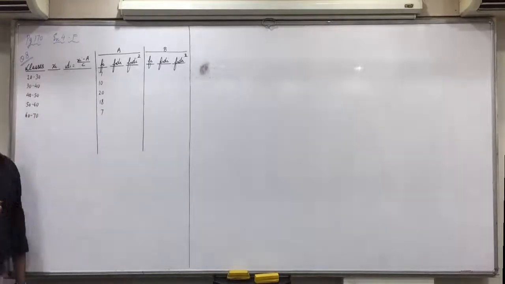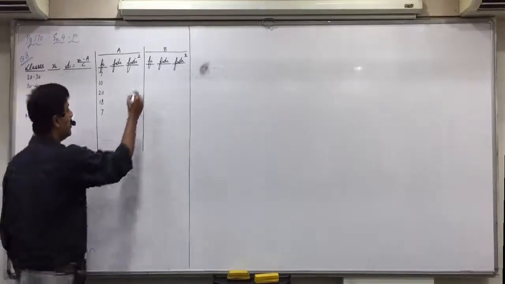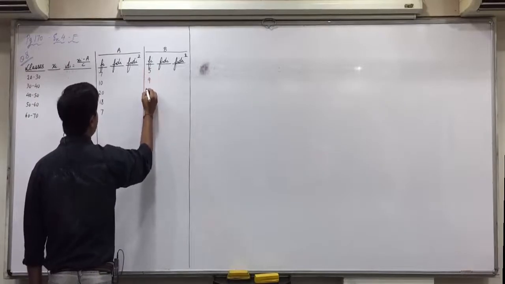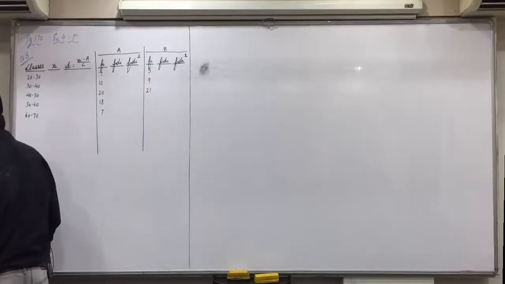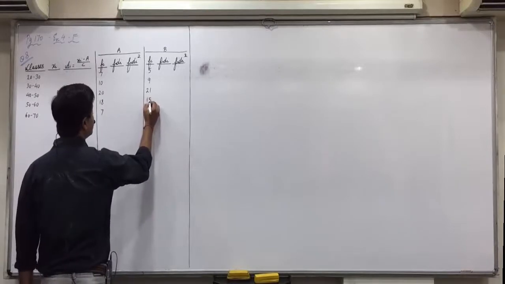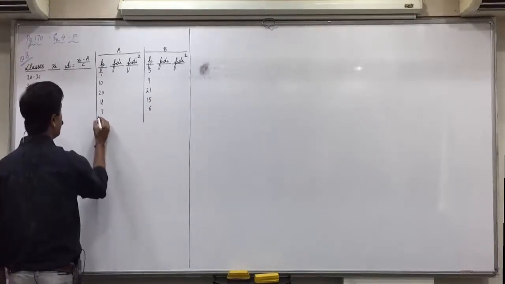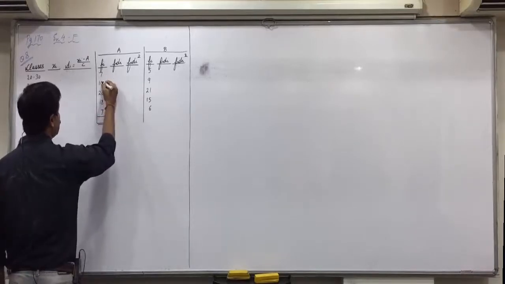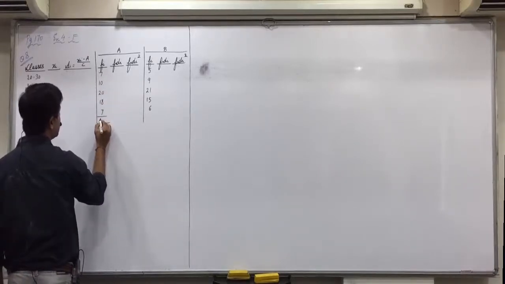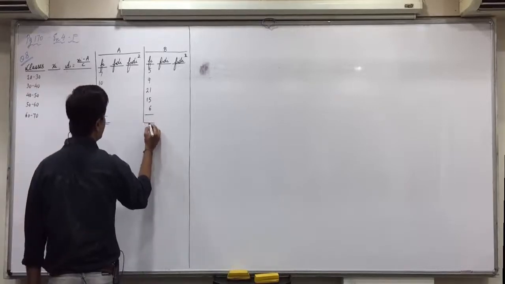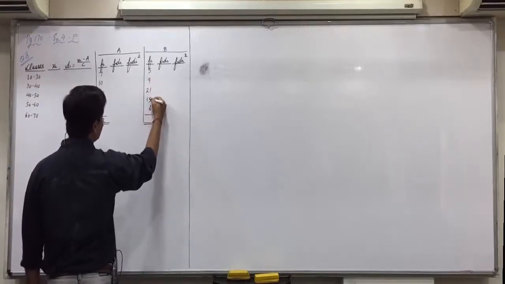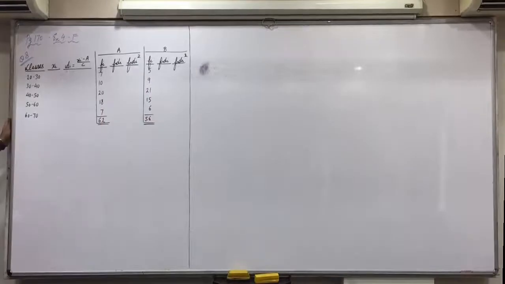And frequencies of group B: 5, 9, 21, 15 and 6. Cumulative: 7, 17, 37, 55, 62. 5, 14, 35, 56. Did everyone write up till here? Raise your hand who is still writing. Shall I proceed further? Now be attentive.